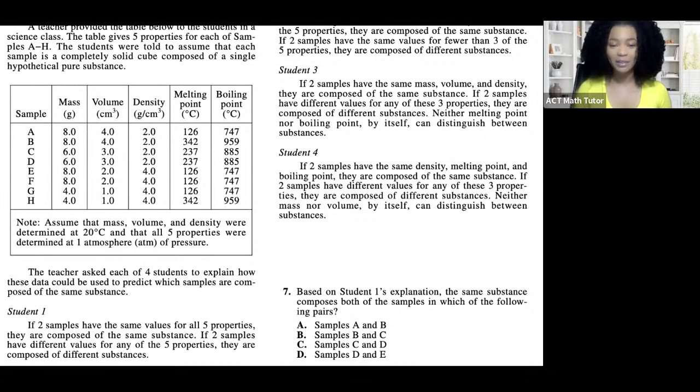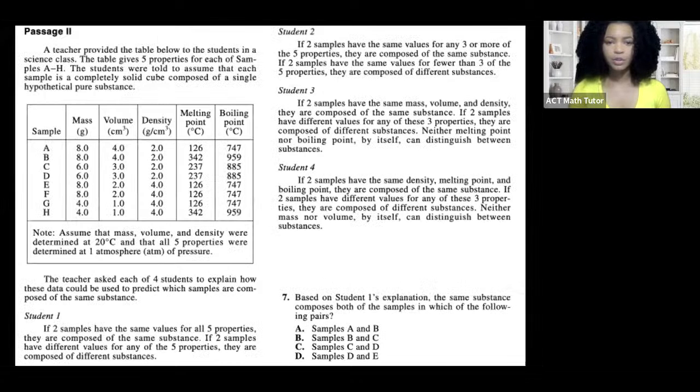So let's look at question 7. Based on student 1's explanation, the same substance composes both of the samples in which of the following pairs? When I read that question, I know I have a signal to go to student 1, so mark that.